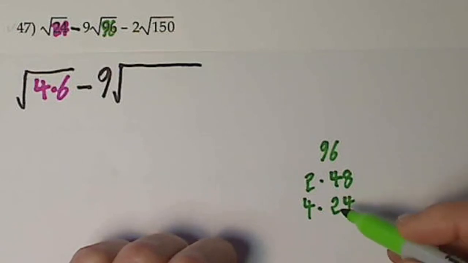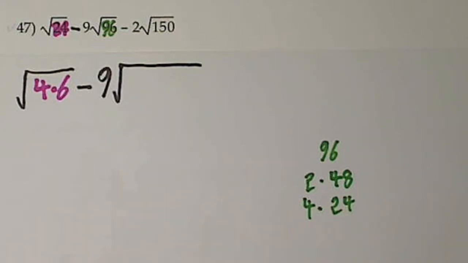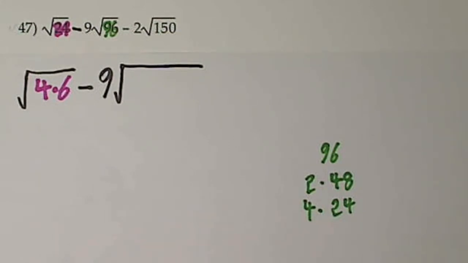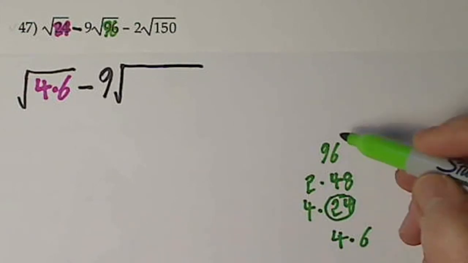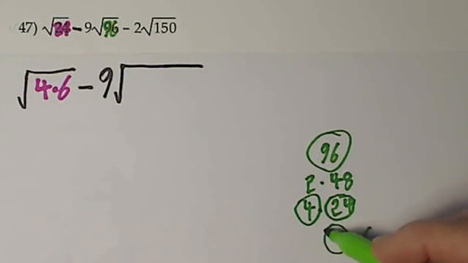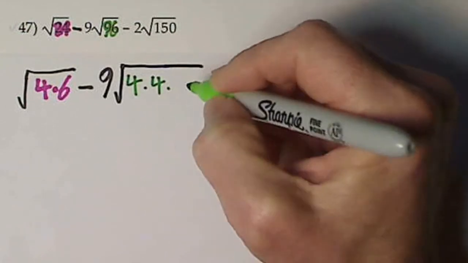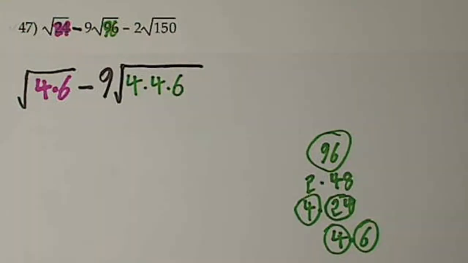But if you notice, this 24 could be written as 4 times 6, and that would give me 2 of a kind. So I'm going to rewrite 96 as 4 times 4 times 6.